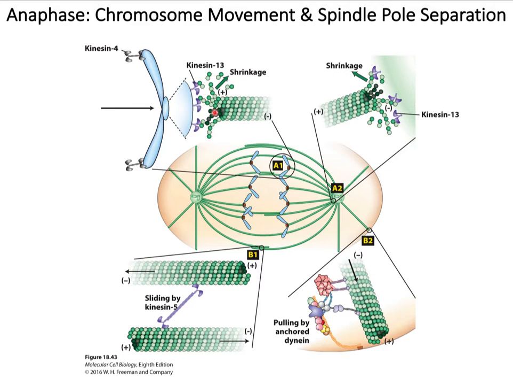In addition, kinesin 13 also aids in disassembly at the minus end of the spindle. The kinesin 13 just makes the disassembly faster in addition to the normal disassembly of the microtubule at the minus end, which is shown in A2 of the figure.